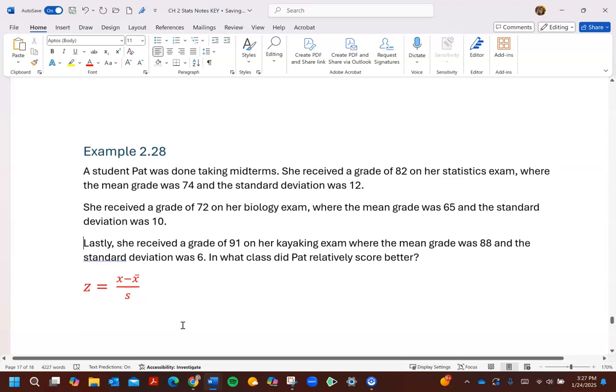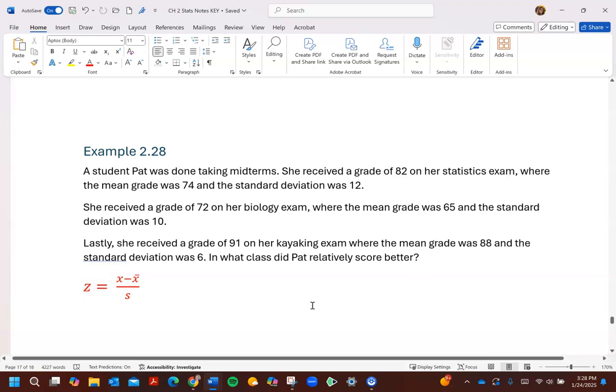Lastly, she received a grade of 91 on her kayaking exam, where the mean grade was 88 and the standard deviation was 6. In what class did Pat relatively score better? Okay, so it's not necessarily just the one she scored highest on, but how she did in keeping with the rest of the class, like how much better was she in which class, relative to the others in the class.